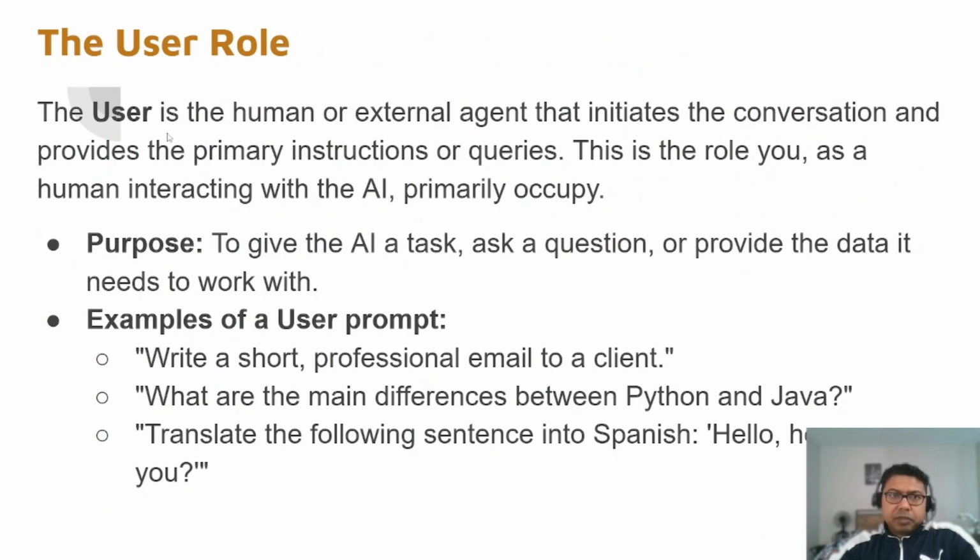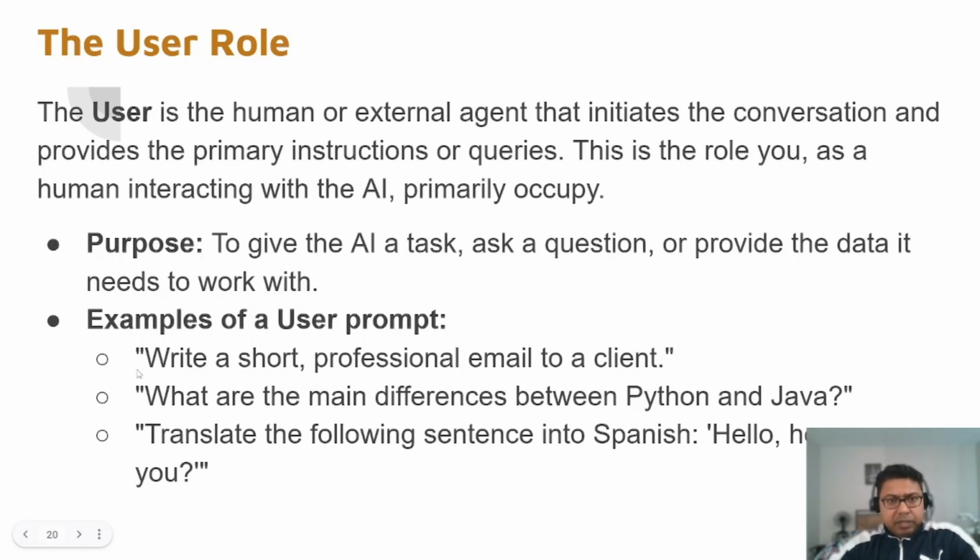The user. The user is the human or external agent that initiates the conversation and provides the primary instructions or queries. This is the role you as a human interacting with the AI primarily occupy. So this is basically us. Let's see the example to be more clear.